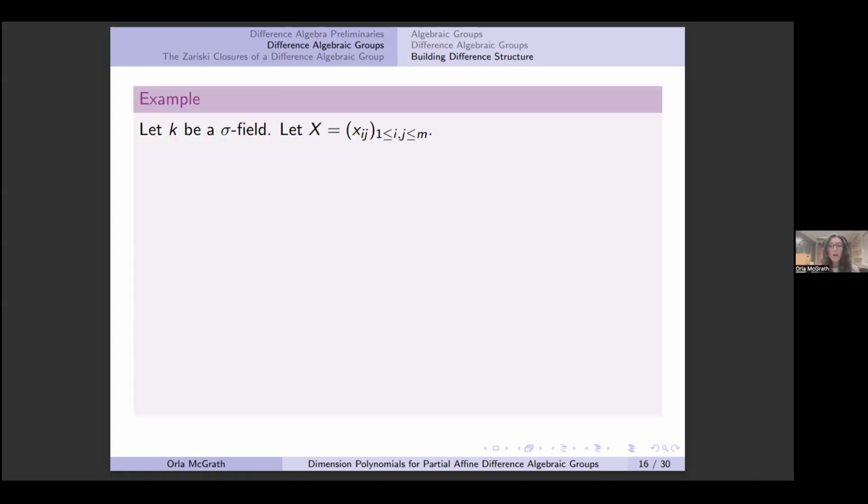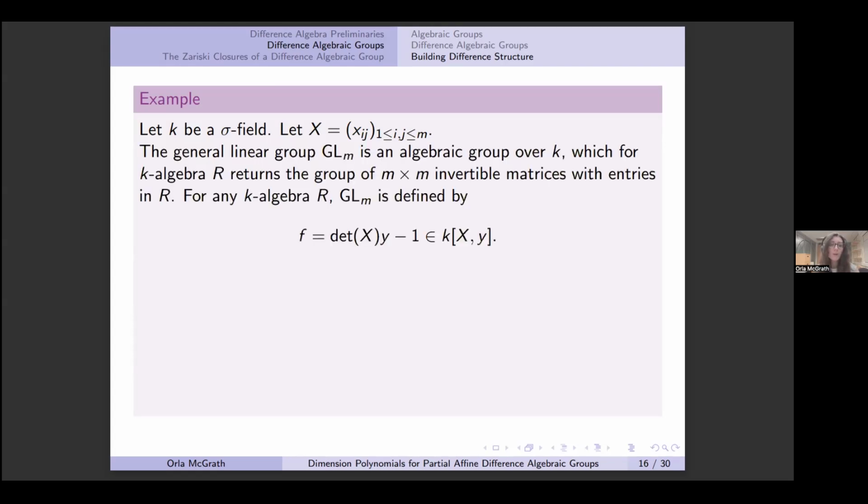We're going to now restrict, whenever we talk about an algebraic group, we're just going to be considering the general linear group, but any of these constructions can be done for any algebraic group. So we're going to have our sigma field K, and we're just going to use X to denote the entries of an M by M matrix. So then we know the general linear group takes a K algebra and returns the group of invertible matrices with entries in this K algebra.